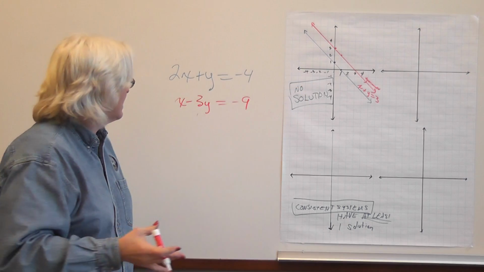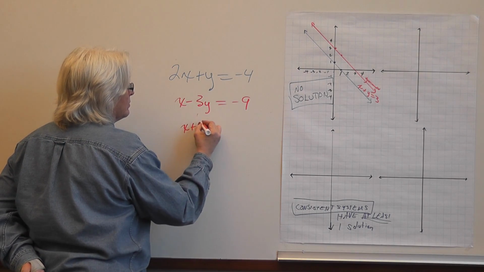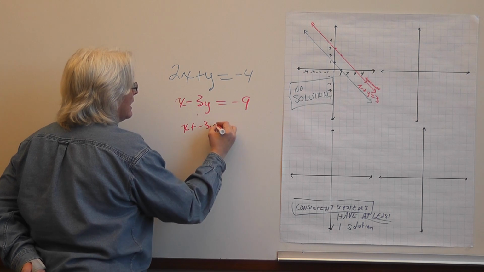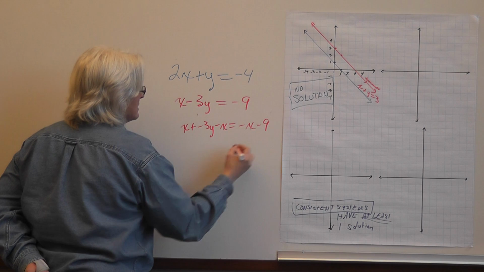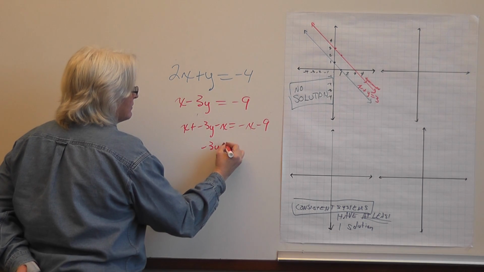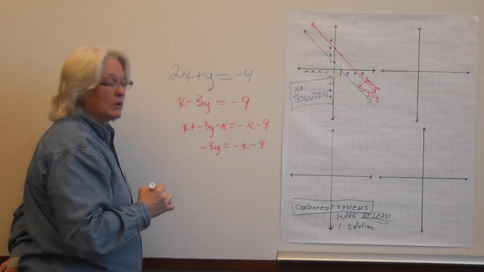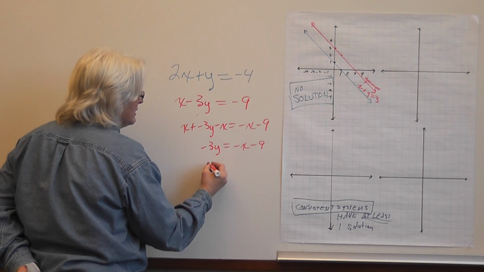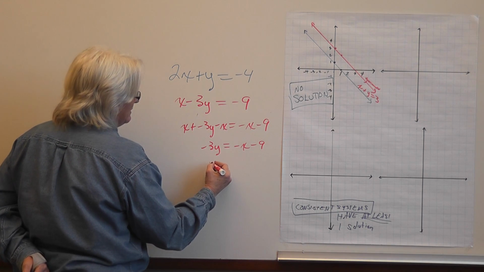To illustrate it graphically, we'll go ahead and solve both equations for y, which will put this into the slope-intercept form of a line. Negative 3y is negative x minus 9. Now we're going to divide both sides of the equation by negative 3.